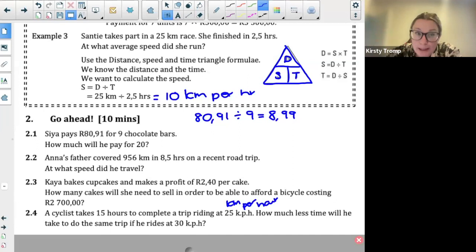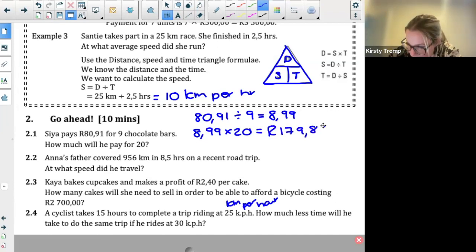Now they want to buy 20. So Lejo said 8 rand 99 times 20, and that gives them 179 rand 80. Okay, check my maths, please.